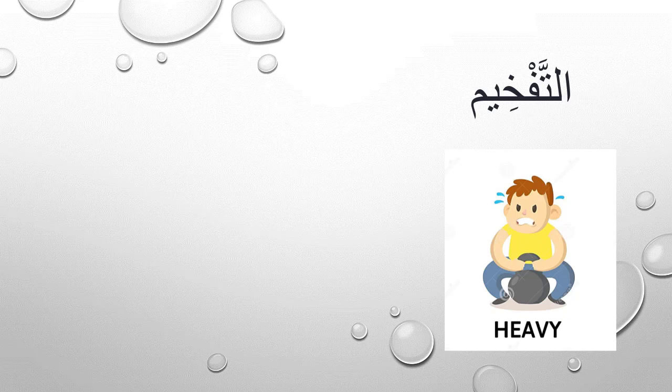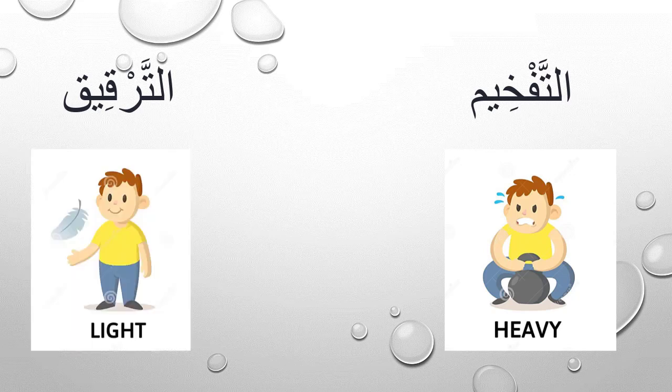التفخيم is a quality that has an opposite, which is الترقيق. الترقيق means being light. So التفخيم is being heavy and الترقيق is being light. Opposites. So الترقيق and التفخيم are opposites.